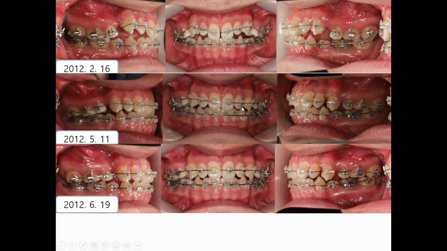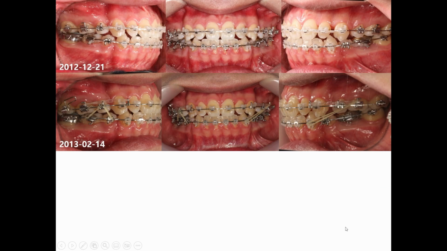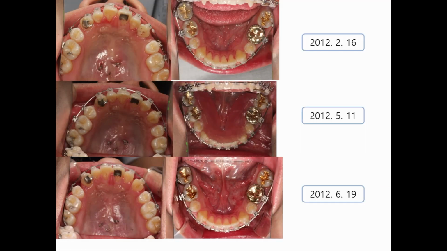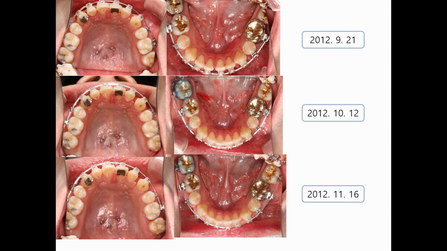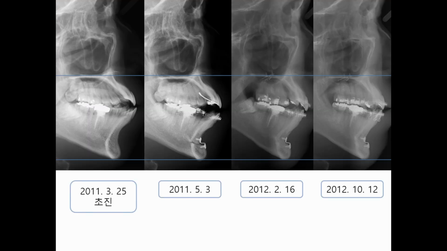So this kind of leveling takes time. But anyway, from here, the start surgery, and it takes 1 year and 5 months.